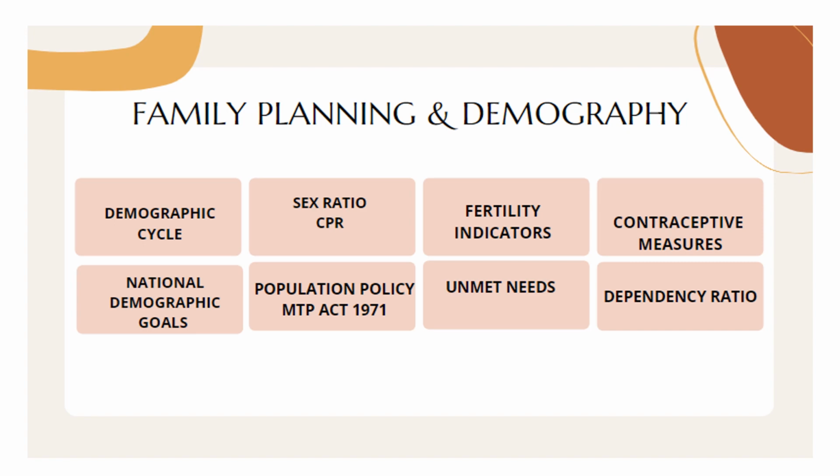So have a plan at the back of your mind for how you approach such questions. Then the fertility indicators, the contraceptive measures, different types, temporary and permanent, the National Population Policy, the revised one, the MTP Act, the unmet needs, dependency ratio are some of the ones that you should look at.